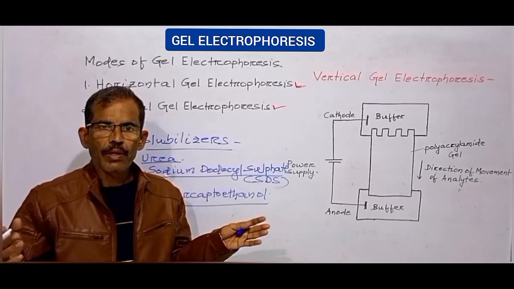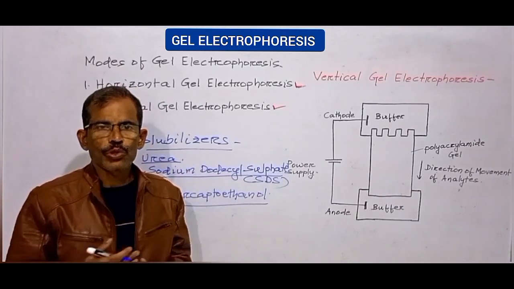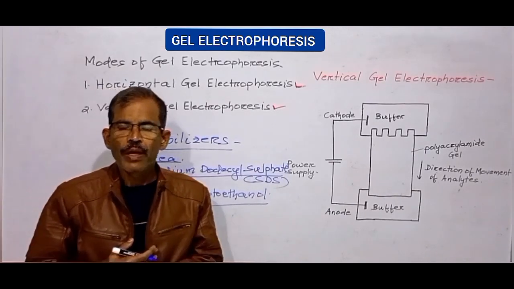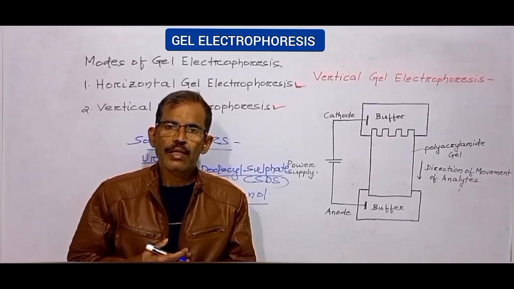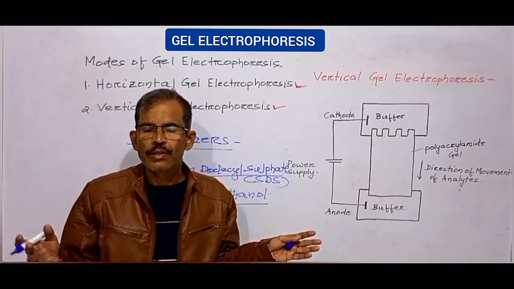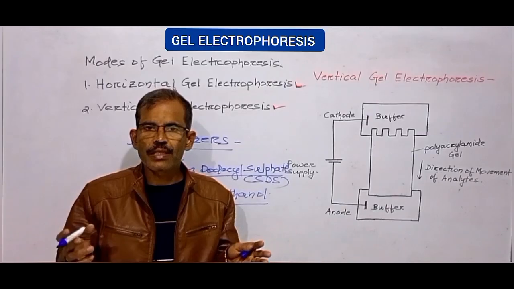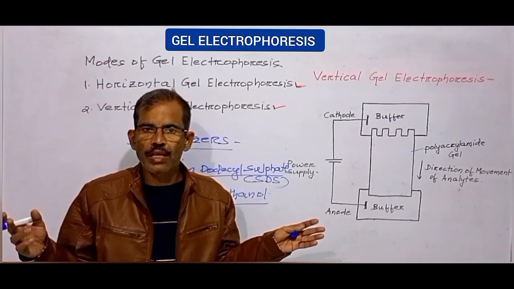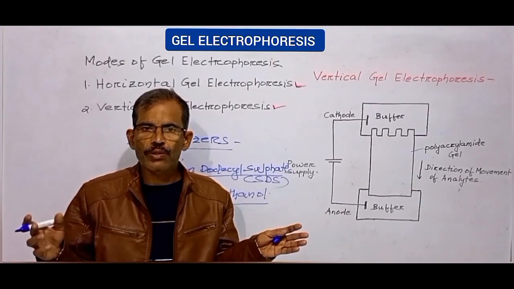Solubilizers destabilize the quaternary structure of proteins, and this results in the separation of individual subunits that migrate as distinct bands through the gel during electrophoresis.